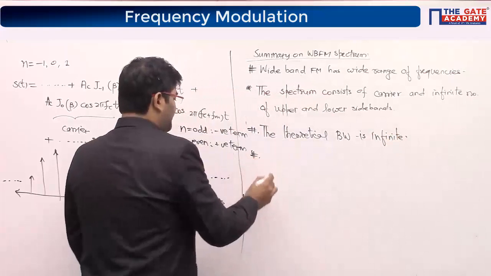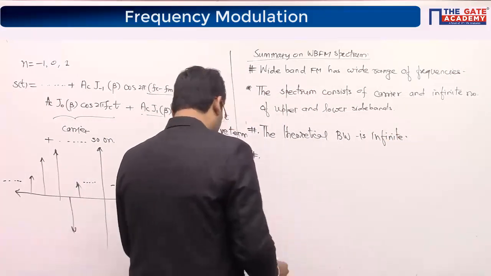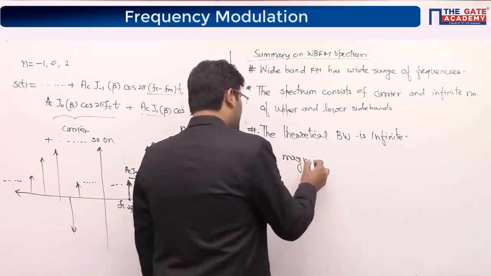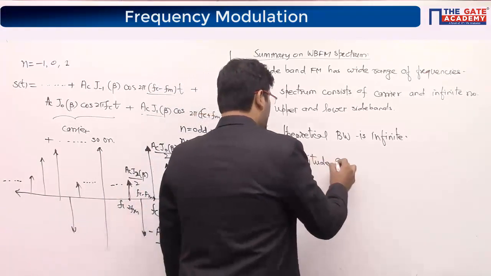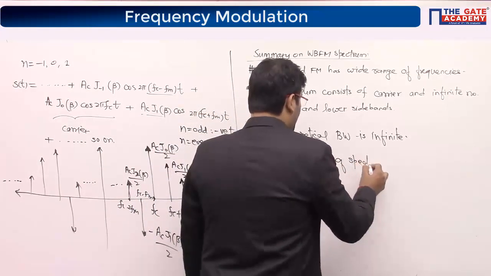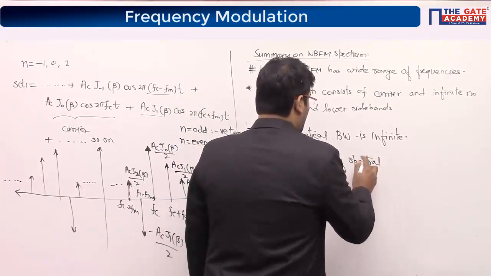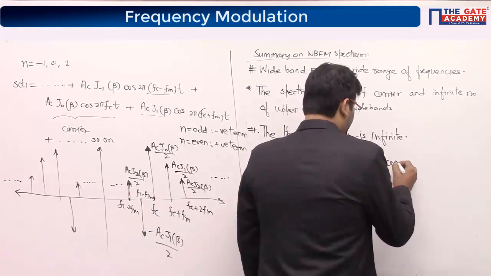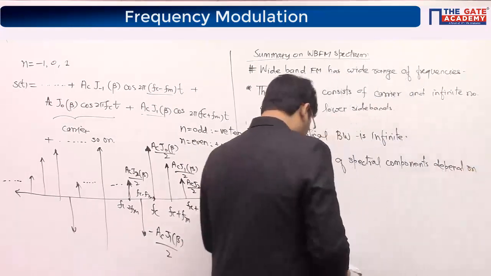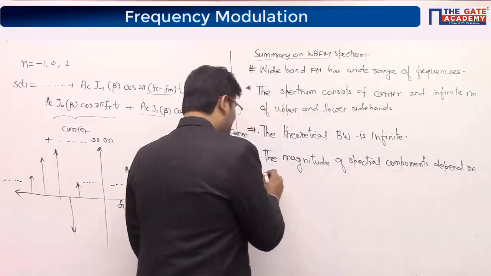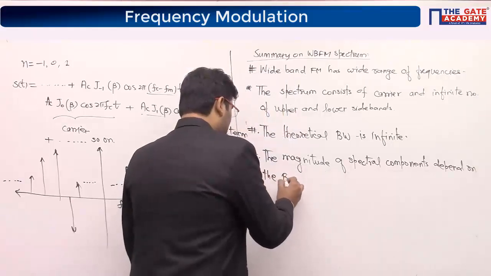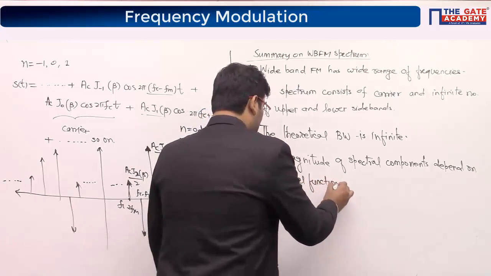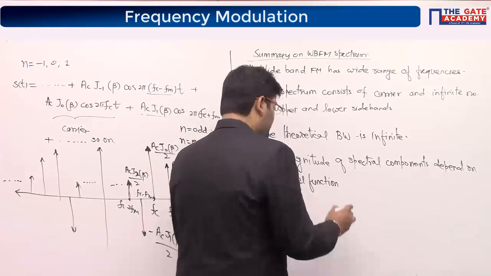Next pointer, the magnitude of spectral components depend on the Bessel function coefficient.